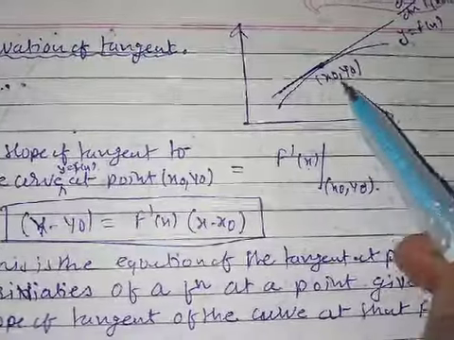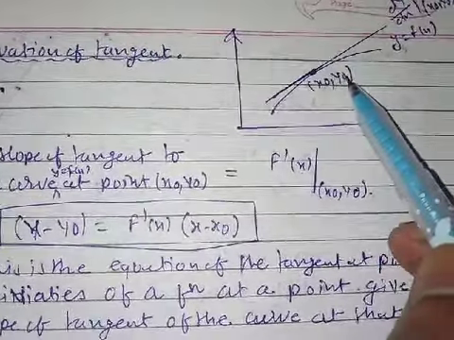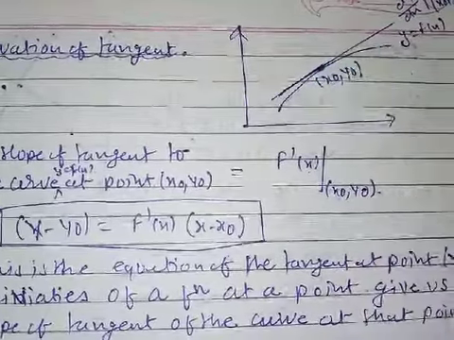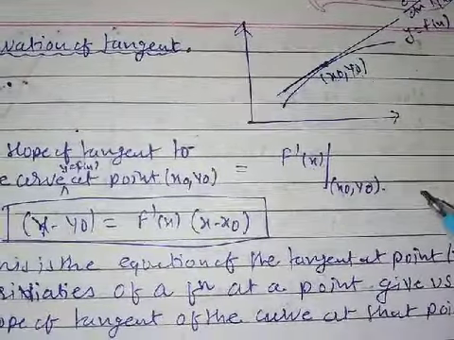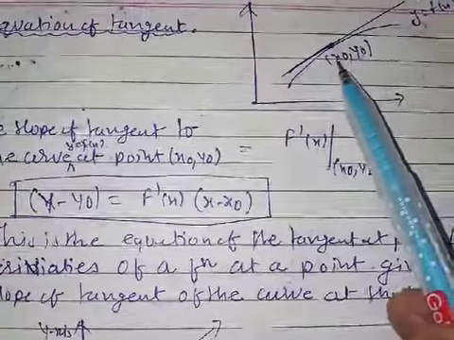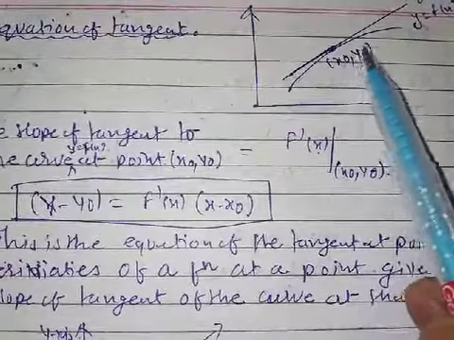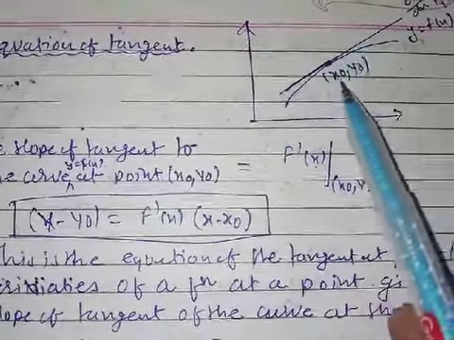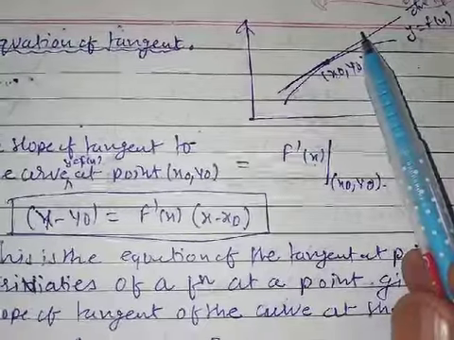Whatever the values are, say x is 2, y is 3, you have to substitute them and get the value of the slope of the tangent. So you have to take the derivative and substitute the point x and y in that. If there is no x or y variable, we cannot substitute directly.